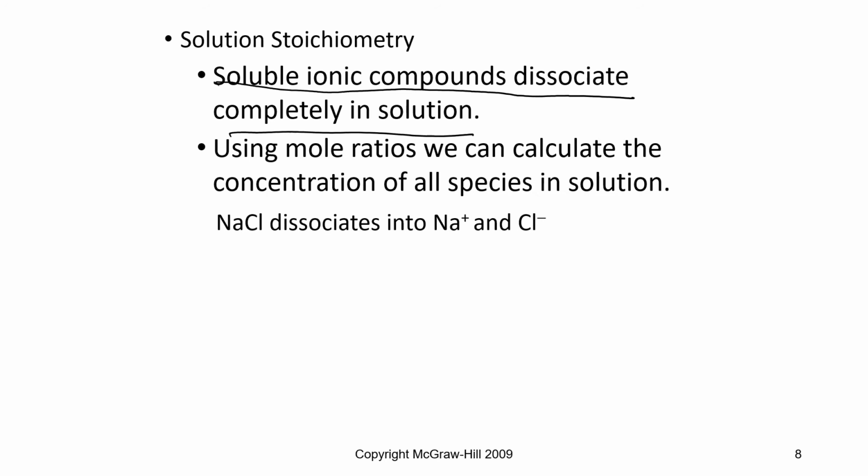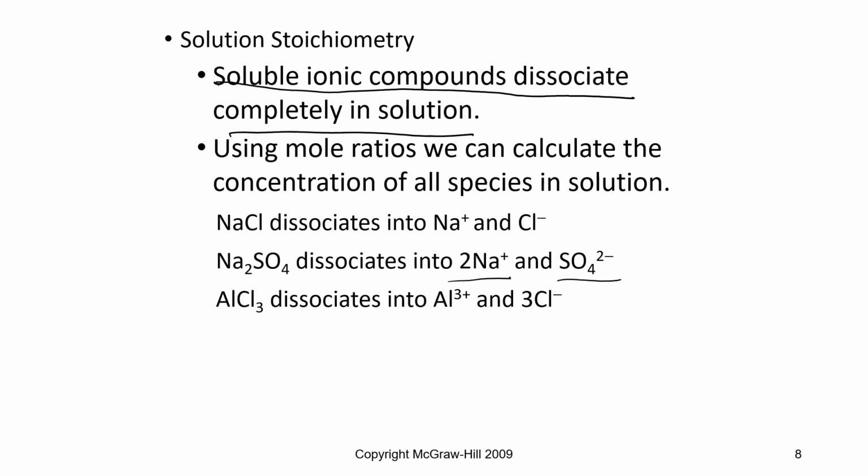So we've already seen that sodium chloride dissociates into sodium ions and chloride ions. But if we have sodium sulfate, that's going to dissociate into 2 sodium ions and 1 sulfate ion. Or aluminum chloride dissociates into 1 aluminum ion and 3 chloride ions. And we can determine the molarity of those ions from the molarity of the solution.